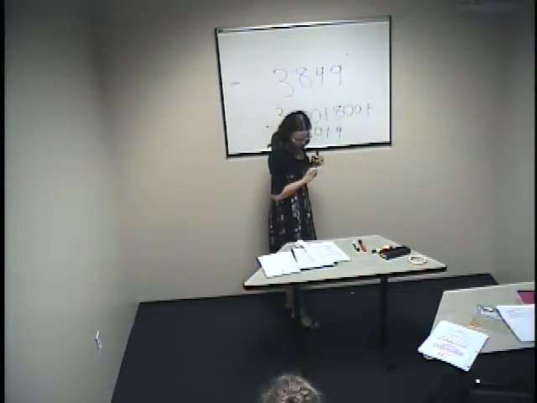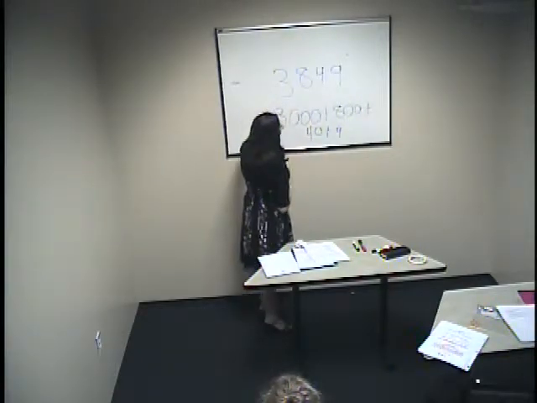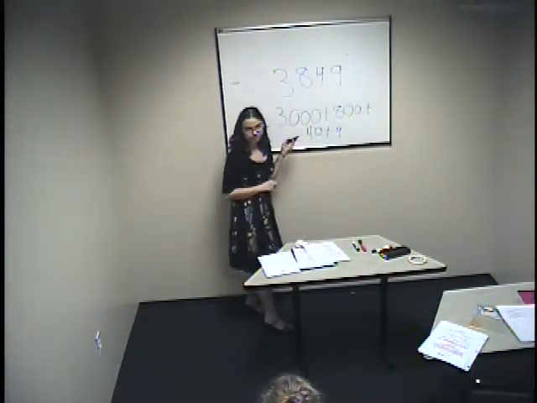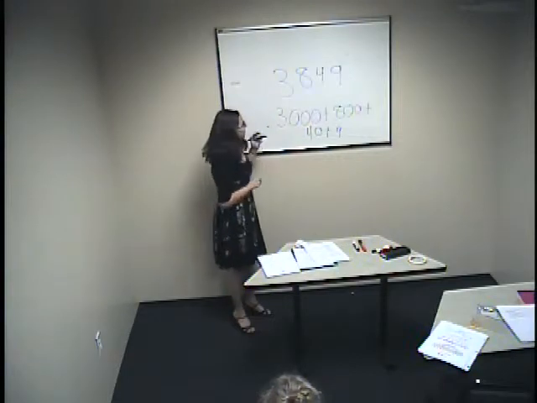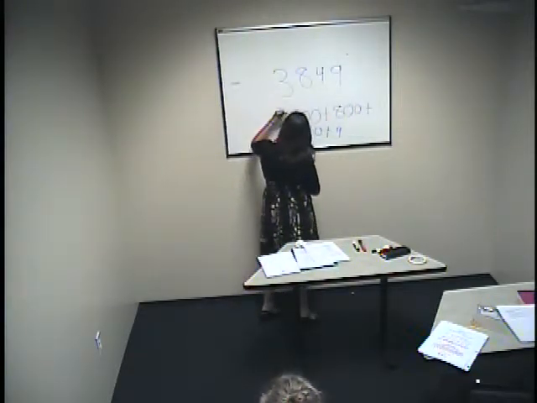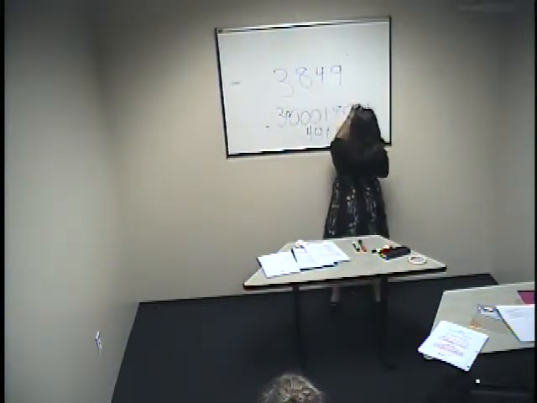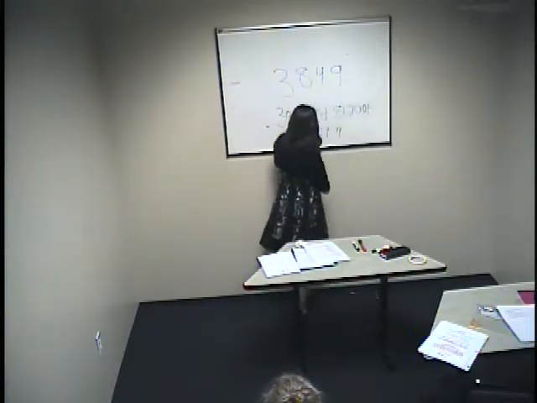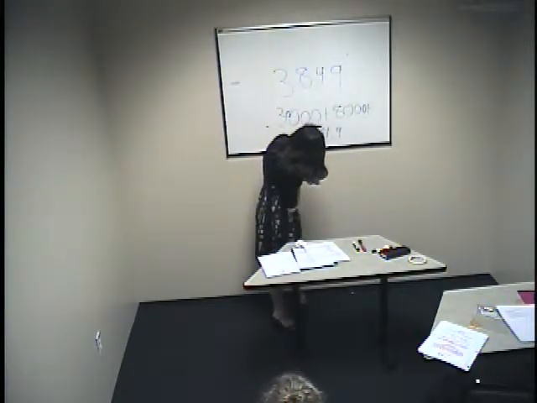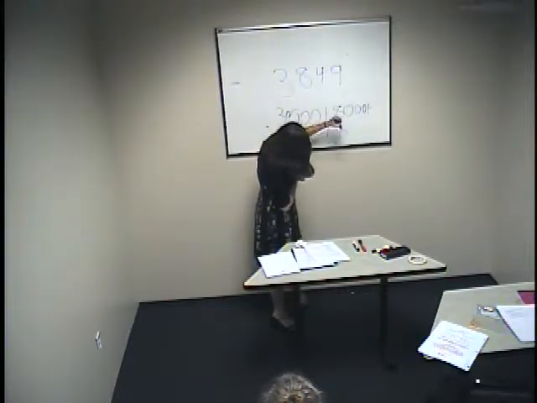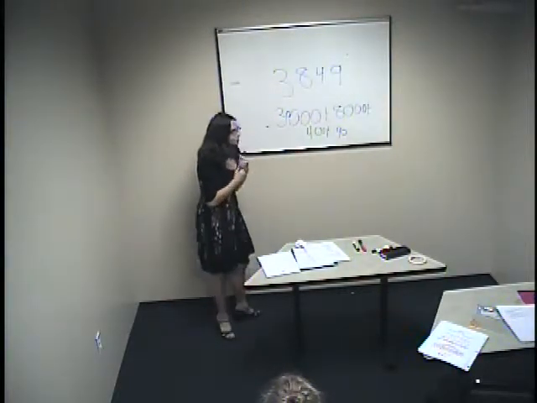So then we would add a 0 to each of these, right? Okay, so then 3,000 becomes 30,000, 800 becomes 8,000, 40 becomes 400, and 9 becomes 90. What number would that make then?